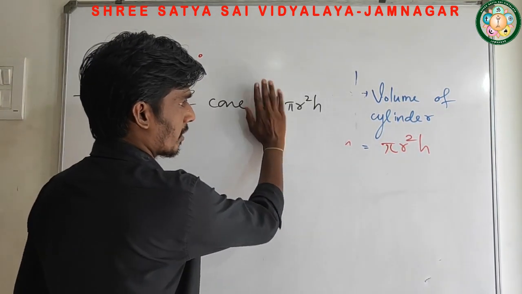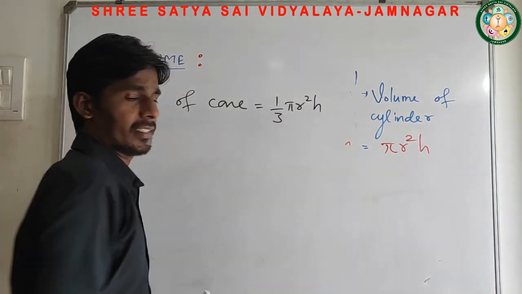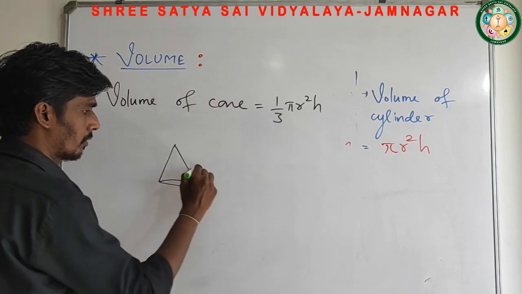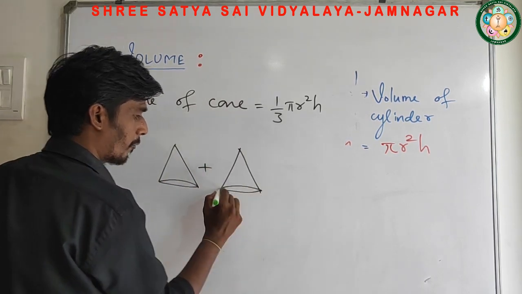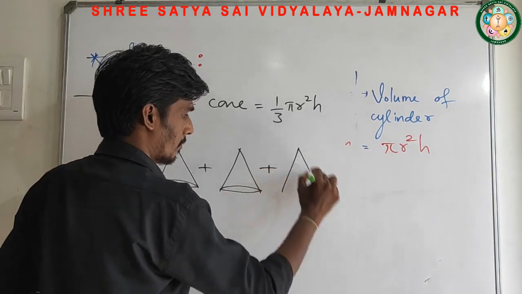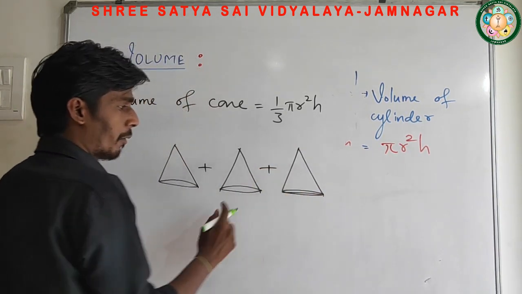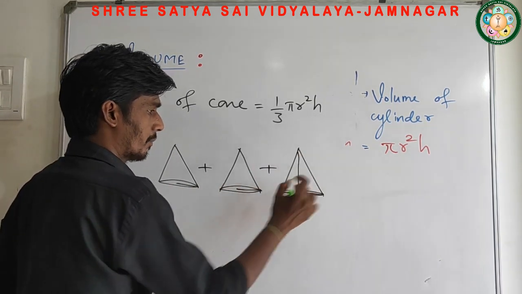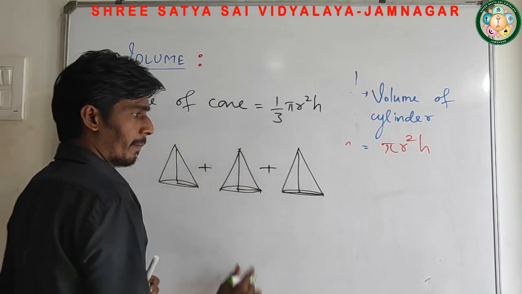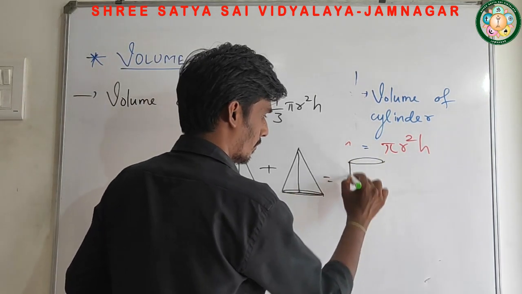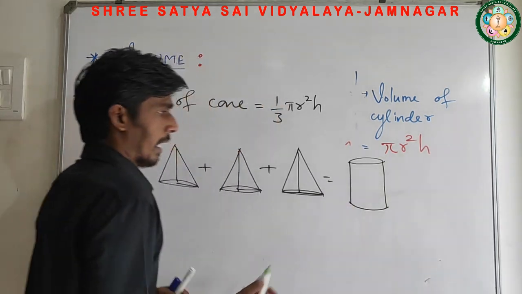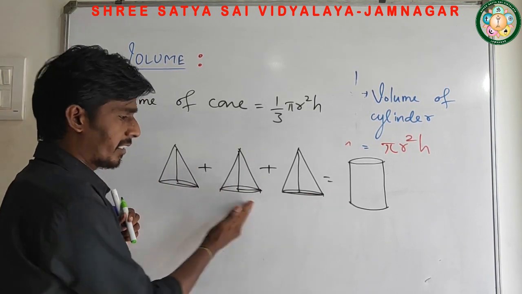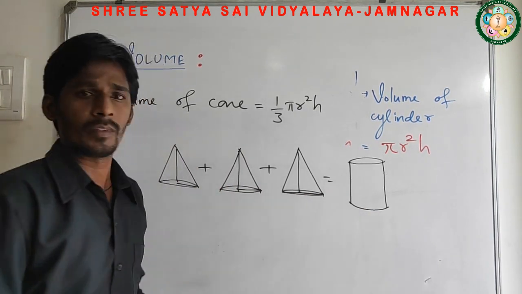If I say pi r square h is the volume of a cylinder, then 1/3 of it is the volume of a cone. What does it mean? If I combine 3 cones of equal radius and equal height, I'll get a cylinder of volume equal to these 3 cones.